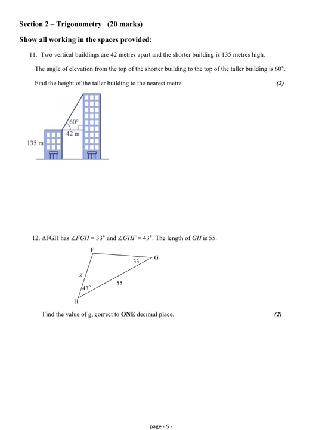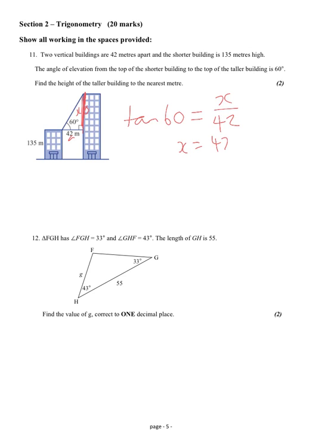Okay, we need to find the height of the taller building. To get that, we firstly need to find that length. So we call it x. We have the opposite and the adjacent. So we have tan 60 equals opposite over adjacent. How do you divide by 42? You times.